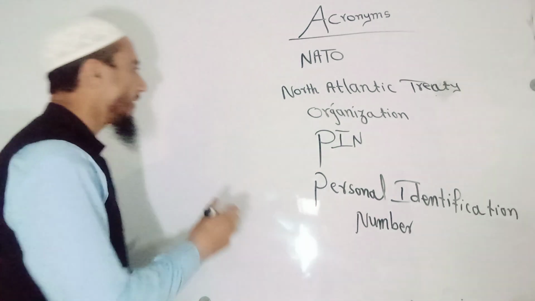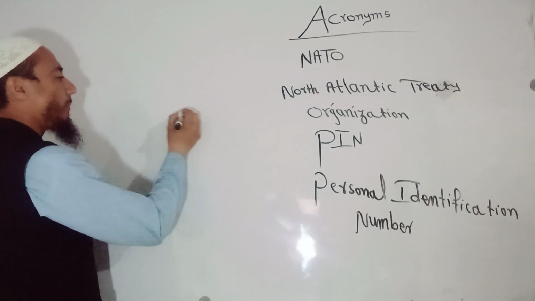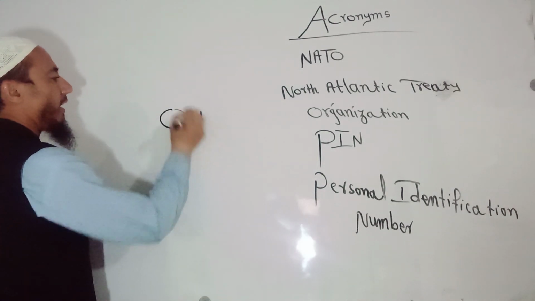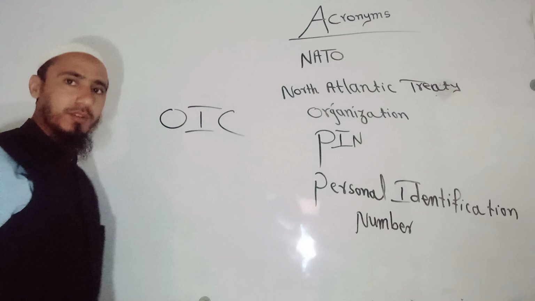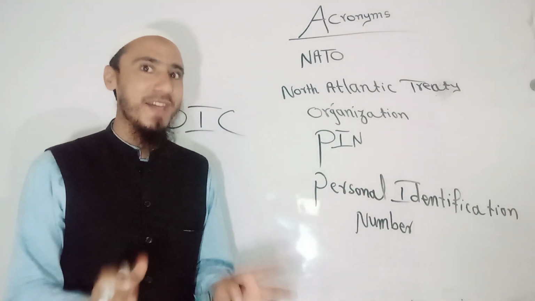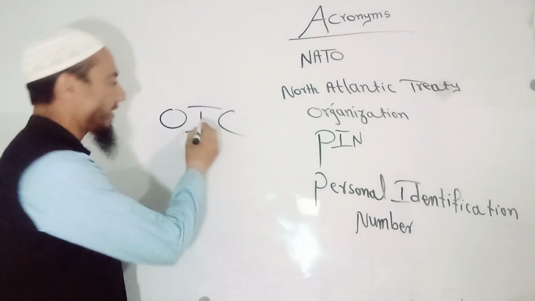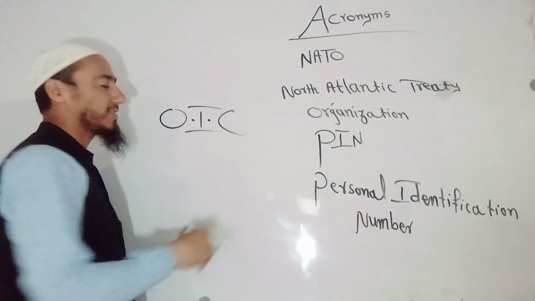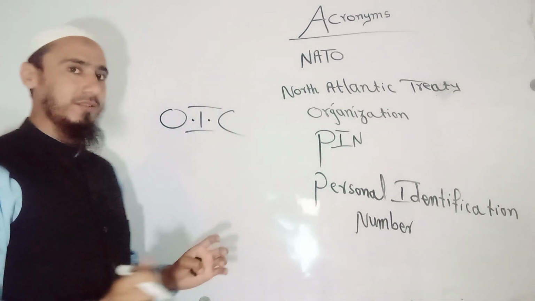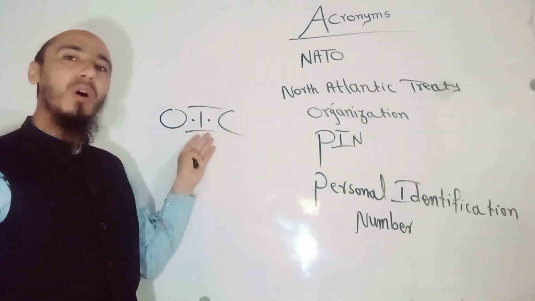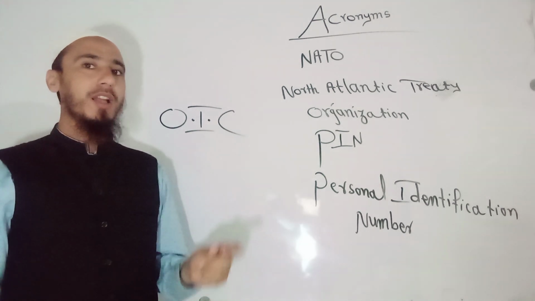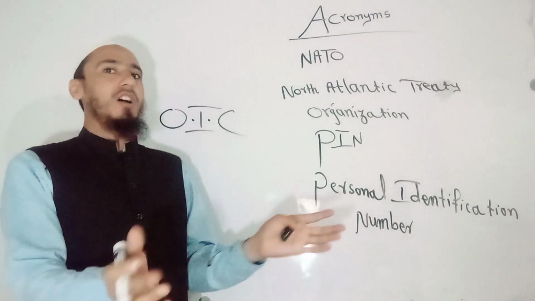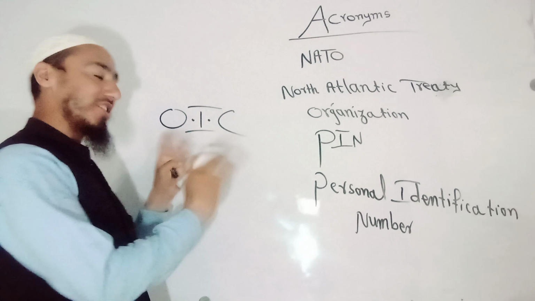For example, take the example of OIC. If we come to the traditional method of abbreviation, it was written in this way. It means there were dots between the letters, like O.I.C. And now currently there is no dot.